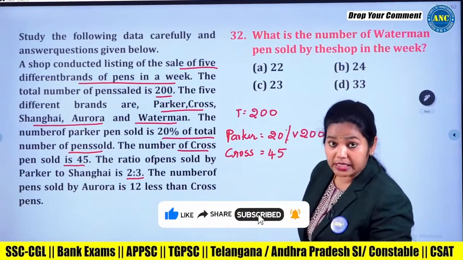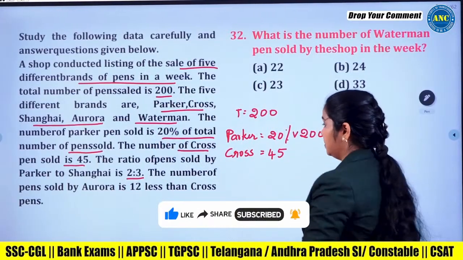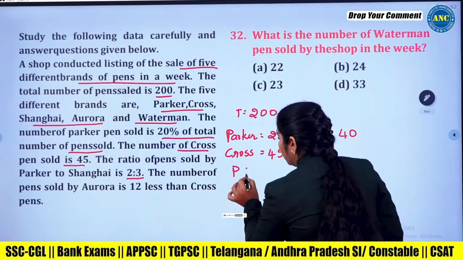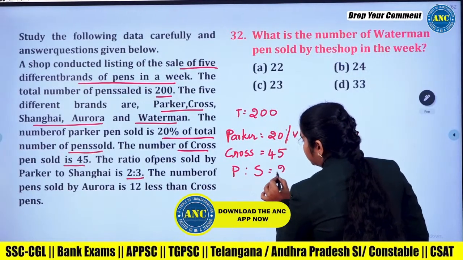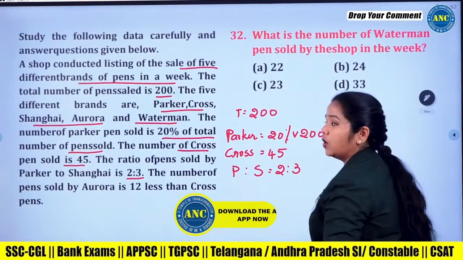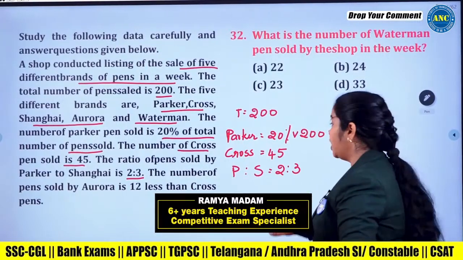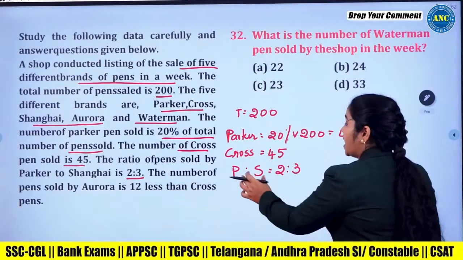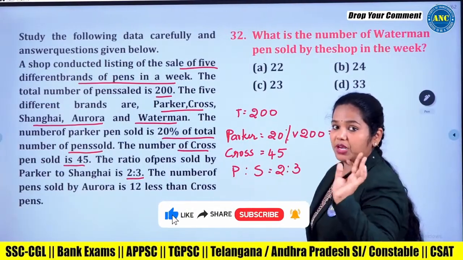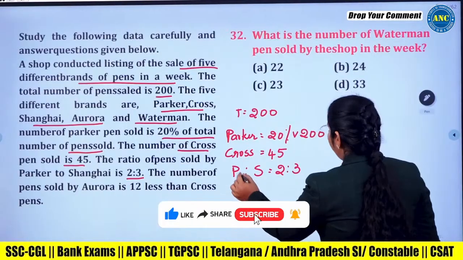Next, they are saying the ratio of pens sold by Parker to Shanghai is 2:3. The ratio of pens sold by Parker to Shanghai is how much? 2:3. Okay. We don't know the value of Shanghai. Yes. And we have to find out Parker plus Shanghai together how many pens are sold. We know the value of Parker.